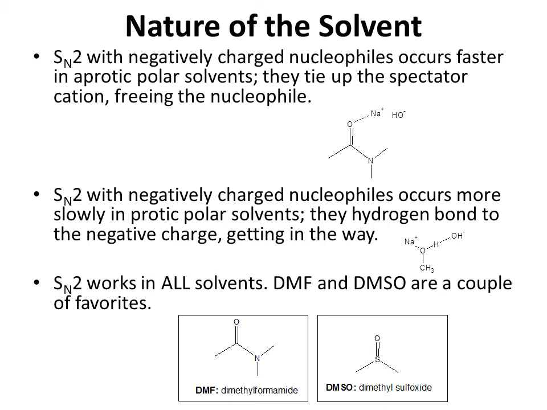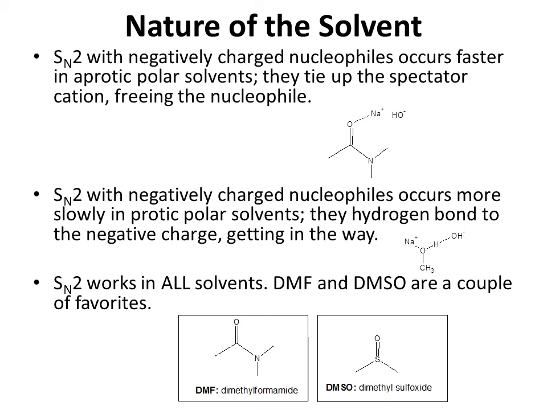So if you look at the example on the top right, there we have DMF forming a dipole ion attractive force to the sodium cation of sodium hydroxide. This pulls away the spectator ion, allowing the hydroxide the freedom to react without interference from that shielding positive charge. So it makes the hydroxide a better nucleophile.